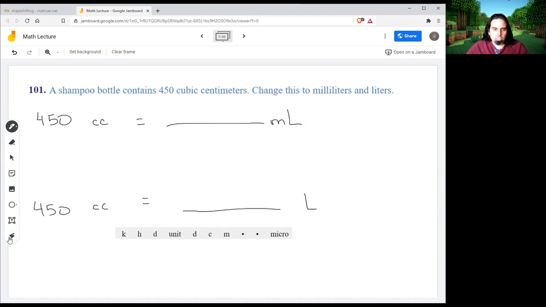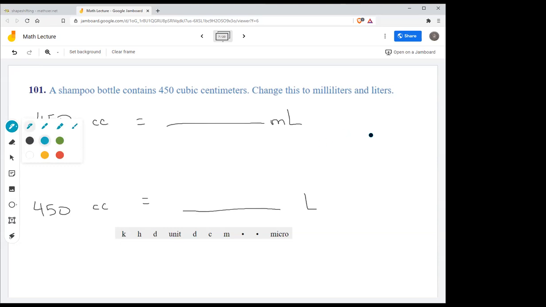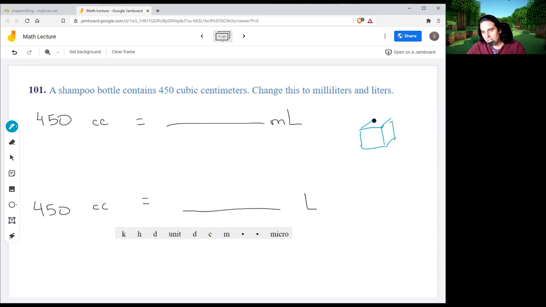So who remembers, what's the difference between cubic centimeters and milliliters? If we took a box that was 1 centimeter on each side, then that amount of space was both of these.